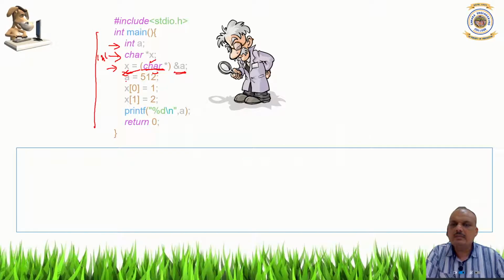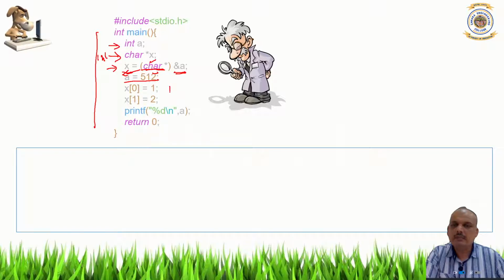And then I'm using a value 512 to store in the address allotted to A. And then what am I doing?